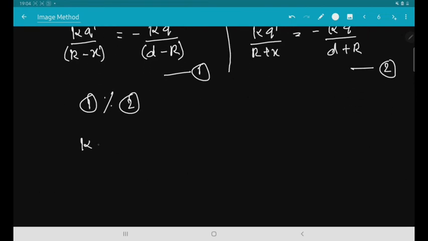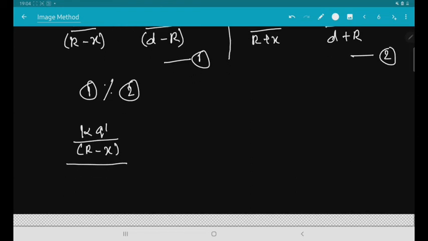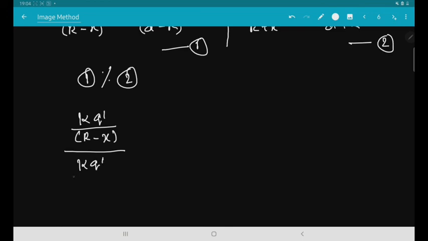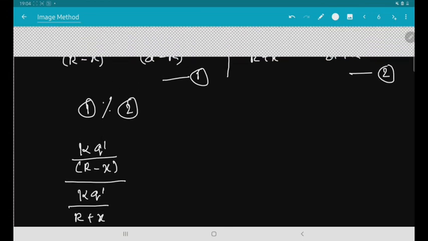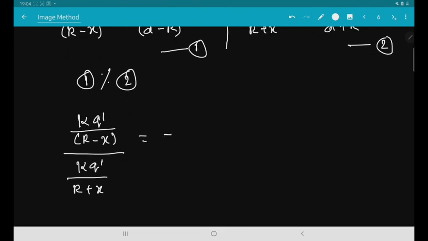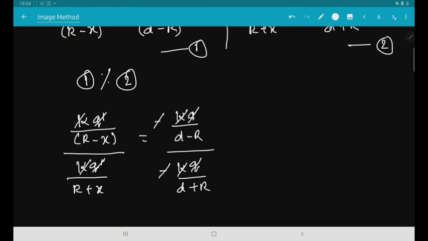If we divide these equations, we will have KQ dash R minus X divided by KQ dash R plus X. On this side, minus KQ, sorry, let me write it properly, KQ D minus R, minus sign we have here, and minus KQ D plus R. So here we can cancel this Q dash as well as Q. K will also get cancelled, minus sign will also get cancelled, a lot of things will get cancelled.